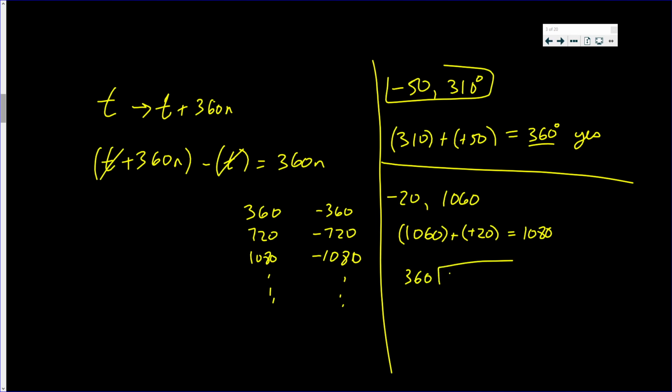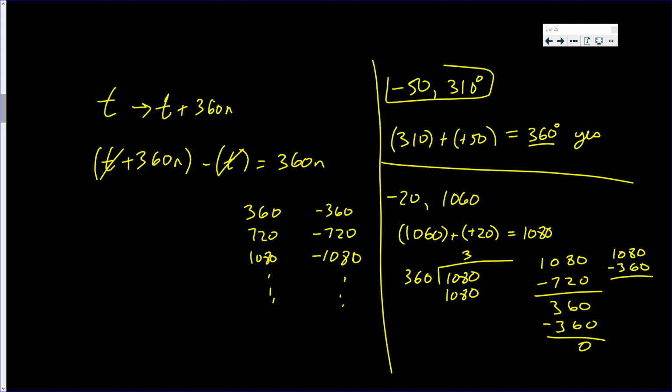And you have two choices. You can do 360 into 1080, and if you try 3, you'll see it works. Or if you happen to know that 720 is a multiple of 360, you take away 720, then you take away 360 and you get 0. If you didn't know, you can take away 360, another 360, another 360.